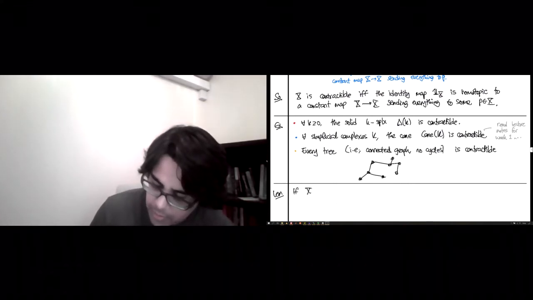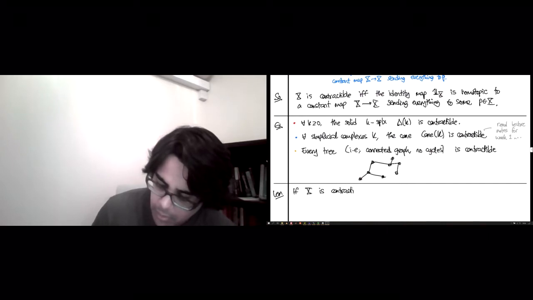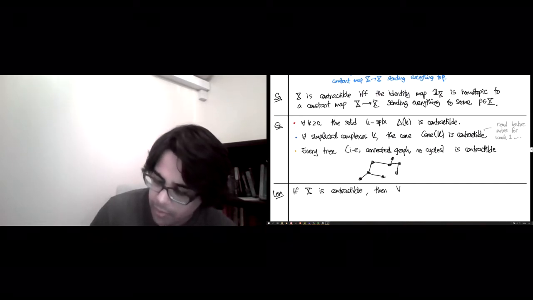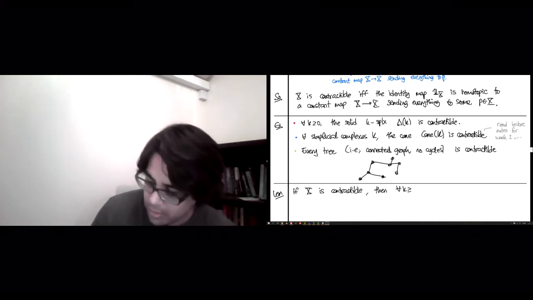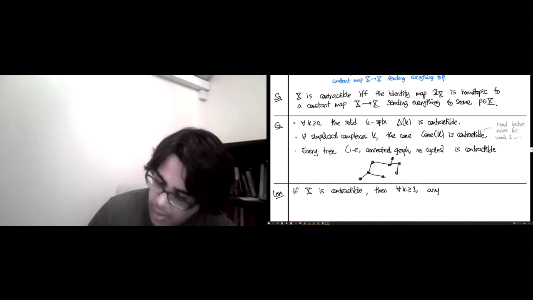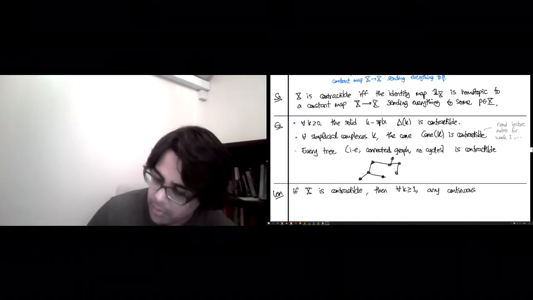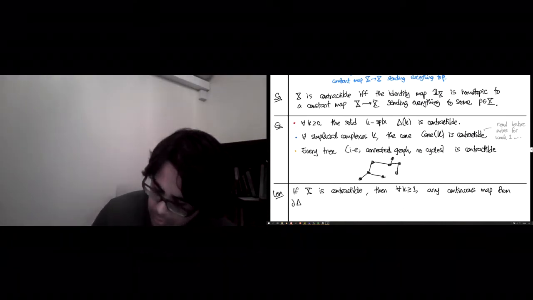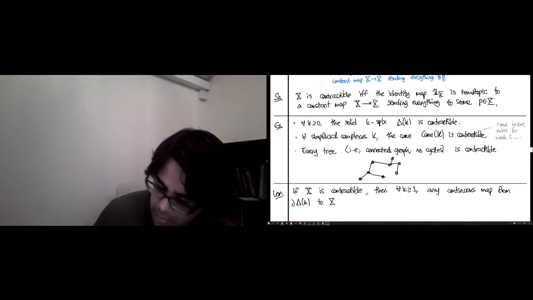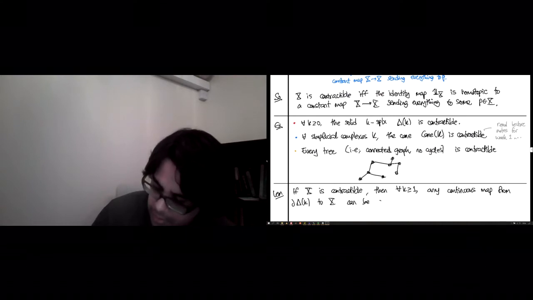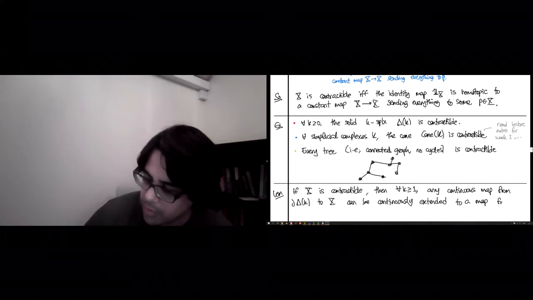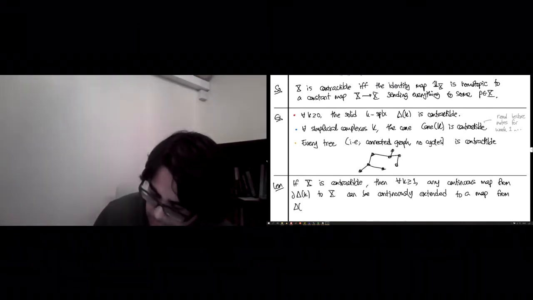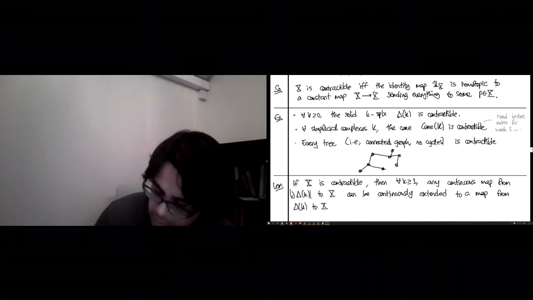So if X is contractible, then for any dimension k bigger than 1, any continuous map from the hollow k-simplex to X can be continuously extended to a map from the corresponding solid k-simplex to X. And of course, in both cases, I mean the geometric realizations.